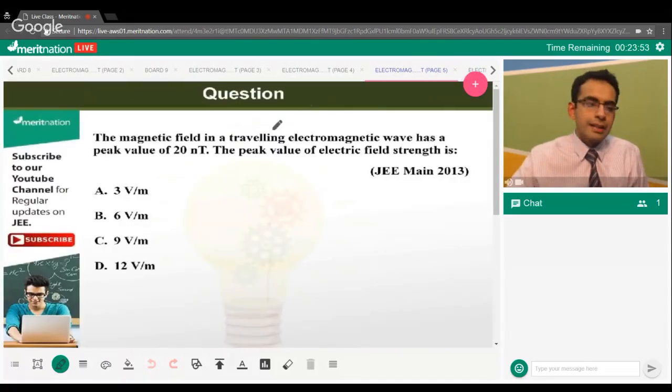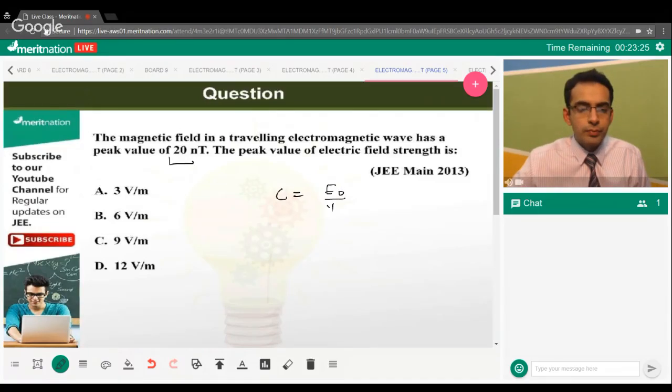Now, the magnetic field in a traveling electromagnetic wave has a strength of 20 nanotesla. We have to find the peak value of the electric field strength. All of you know that C is equal to E naught by B naught, so E naught is equal to B naught into C. Just by that formula you can find the value of E naught.